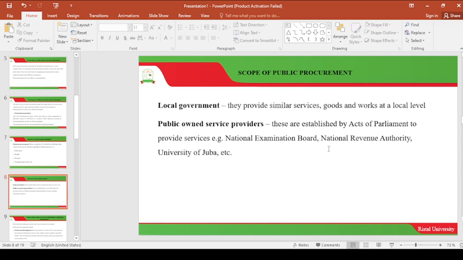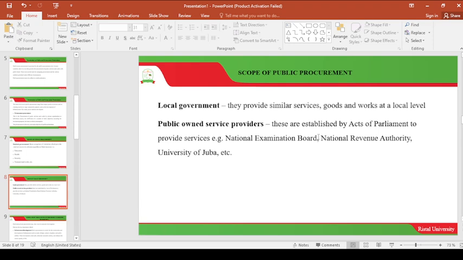These are established by Act of Parliament to provide services, for example, the National Examination Board, which is mandated to oversee national examinations and provide quality guiding policies and rules for students or schools when they are undertaking their activities.